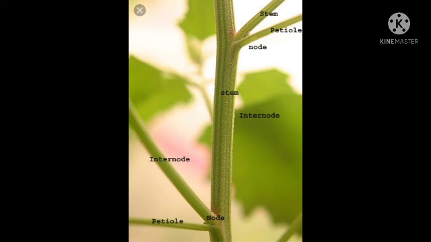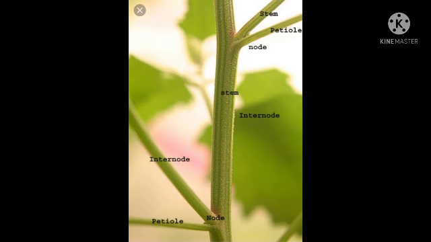The next topic is functions of the stem. Support the branches, leaves, flowers and fruits. The next one, transport water and minerals from roots to upper aerial parts of the plants.